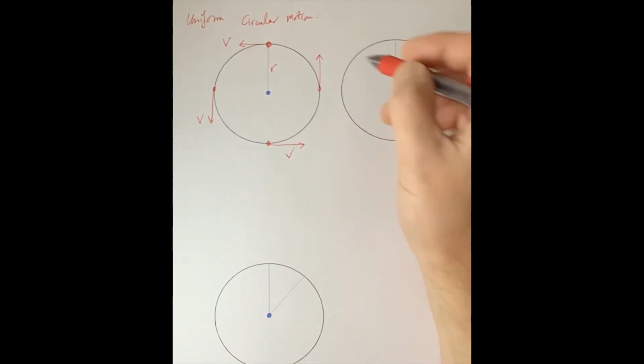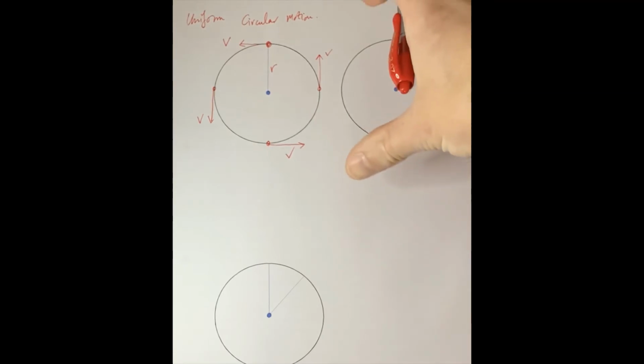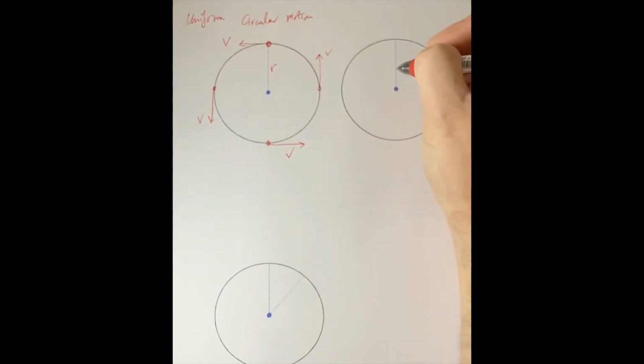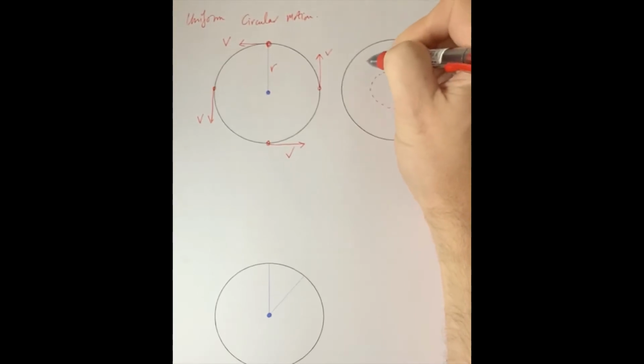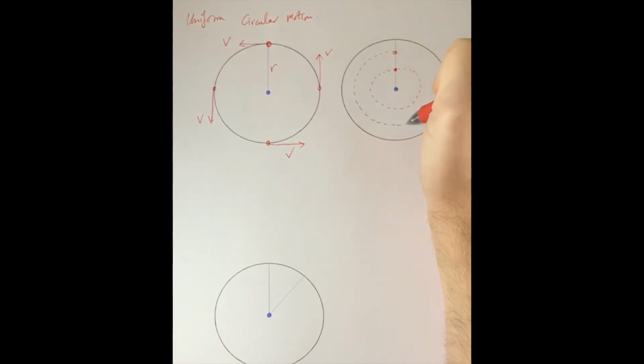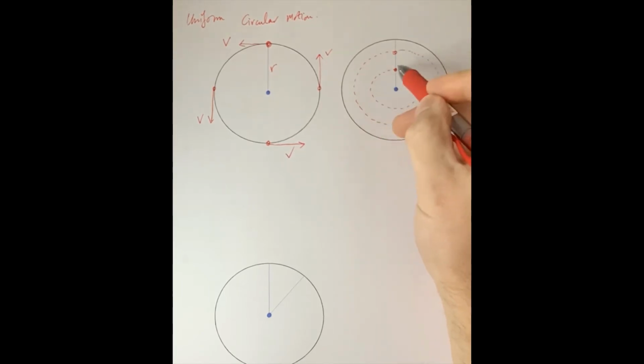Something else to discuss is the fact that if we think about something spinning on a rotating disc, depending on how far out the object is, so let's just say the object's at this position or maybe this position, if you think about the path it takes, the object closer to the center doesn't travel as far as the object further away from the center.